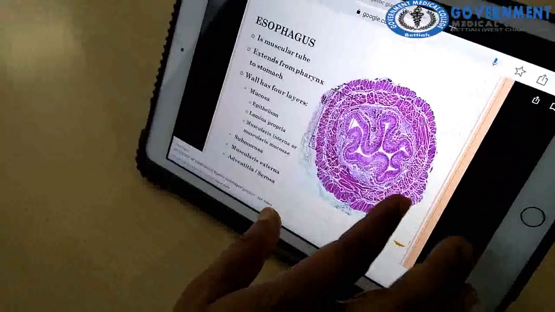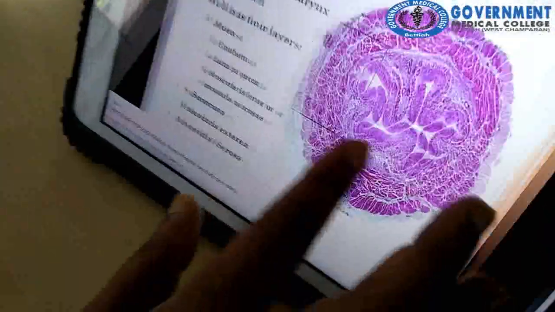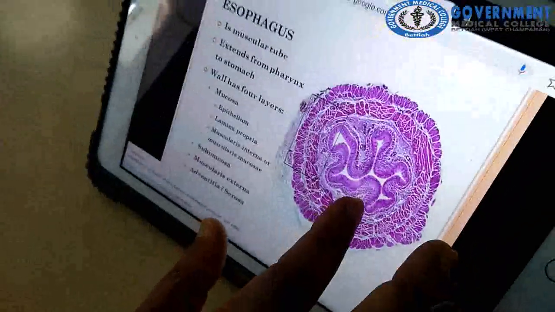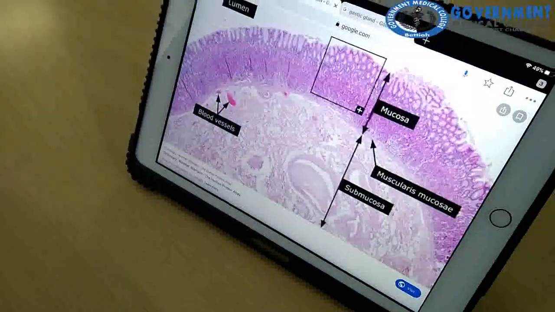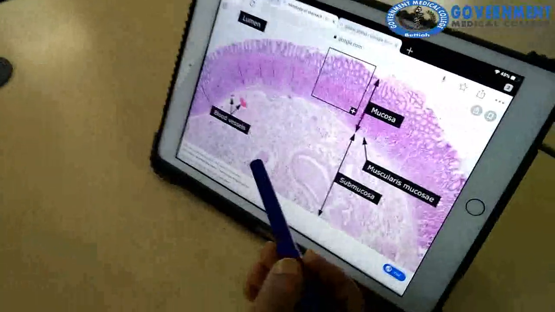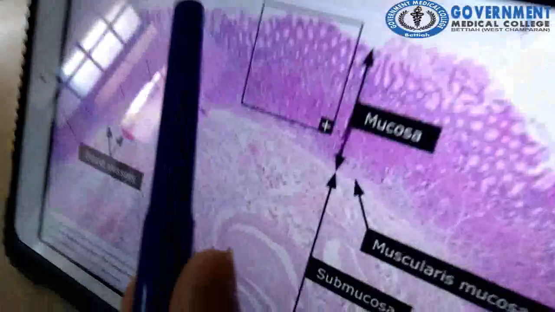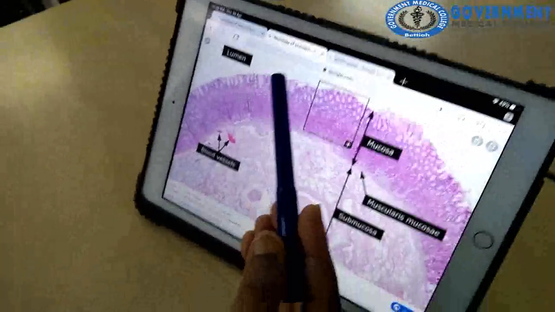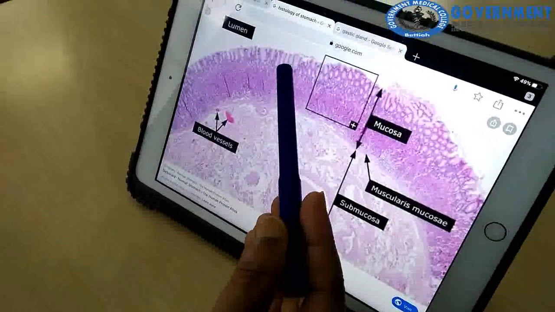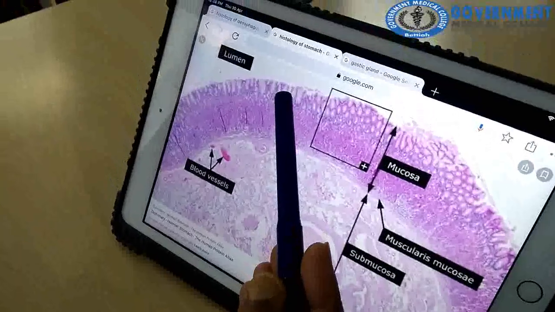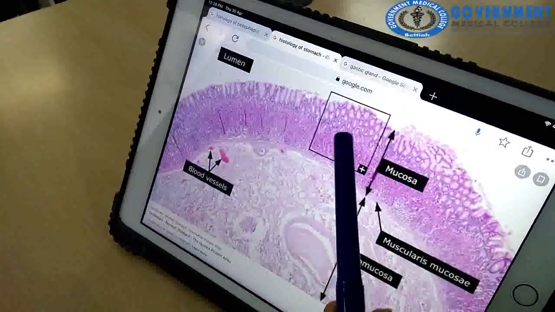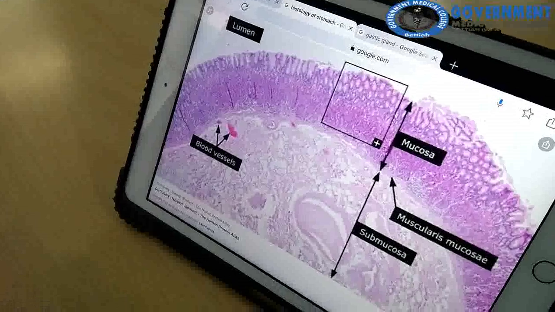Now see this picture. This is also a slide of esophagus. Now I am going to discuss the slide of stomach. See, this is a slide of stomach. This is a slide of the cardiac part of stomach. This is a small gastric pit and a small glandular part.